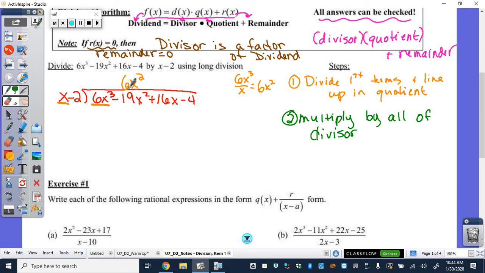We take our 6x squared and first multiply it by x. That gives me a 6x cubed. But I'm also going to multiply that 6x squared by negative 2. So I get a negative 12x squared. You have to multiply it by all parts. We used the first one to figure out what we wanted, but we multiply it by both parts, the x and the minus 2.